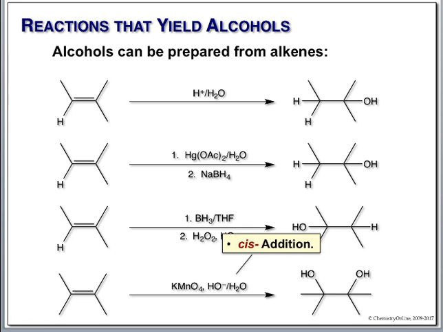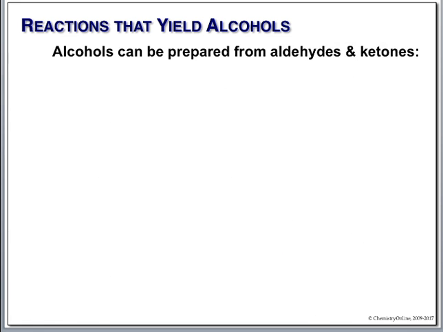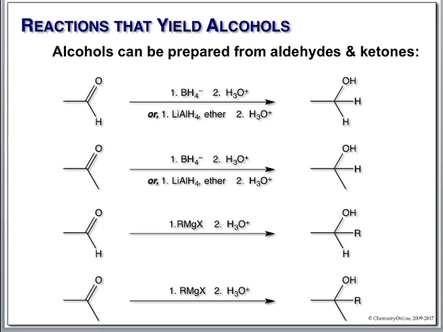All right, today we're going to talk about other ways to make alcohols. We're going to do it by reduction. We're going to reduce with either sodium borohydride or lithium aluminum hydride. Both of these are very nice reducing agents.